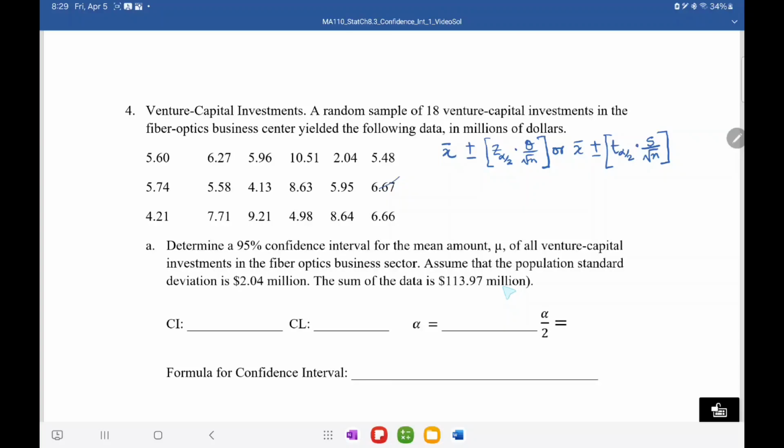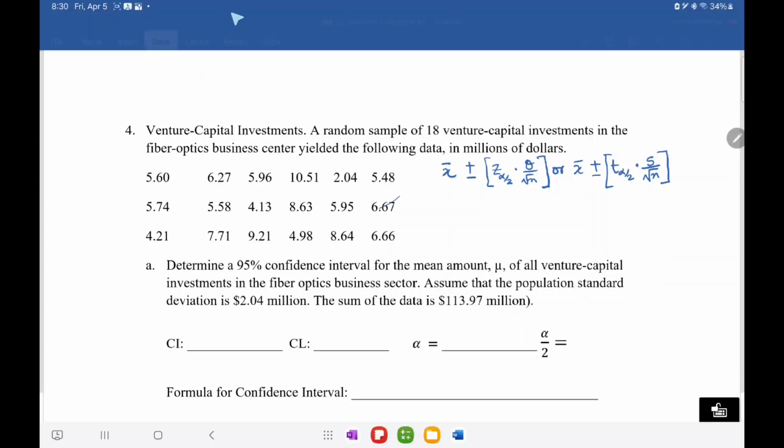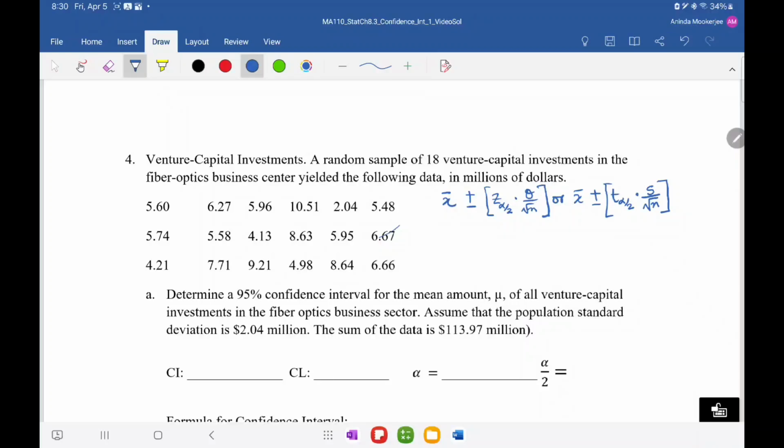113.97 million. Now, a lot of the information can be found in the portion of the question where they are asking us to find a confidence interval. Here they say, assume that the population standard deviation is 2.04 million. This means the population standard deviation, sigma, is available to us.